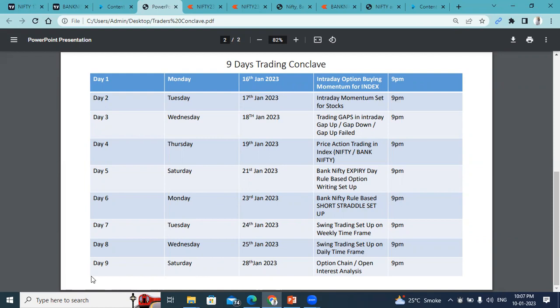Day 10, I will keep for hedging strategy, where we will cover protective call and protective put. So protective call, protective put is like hedging.